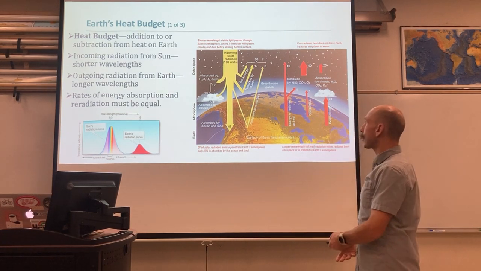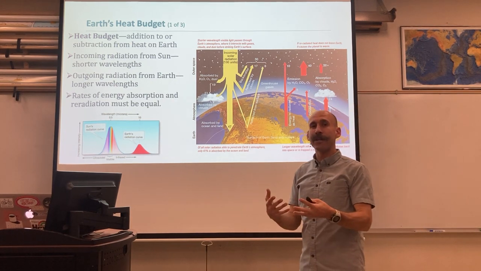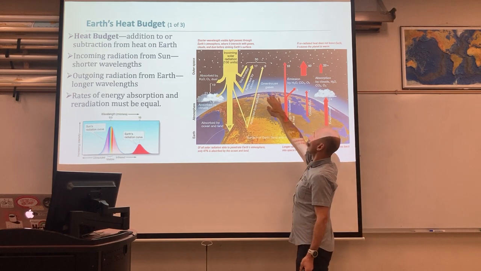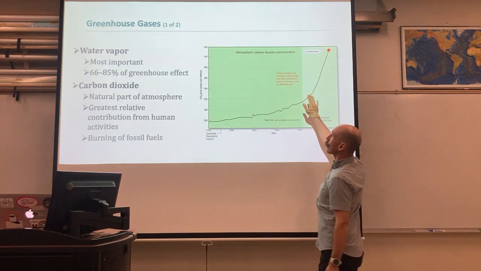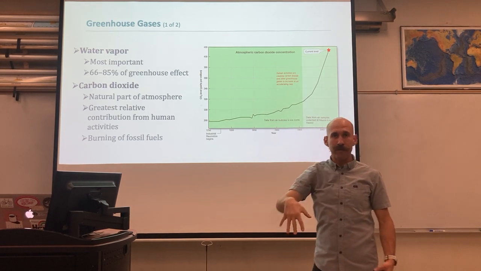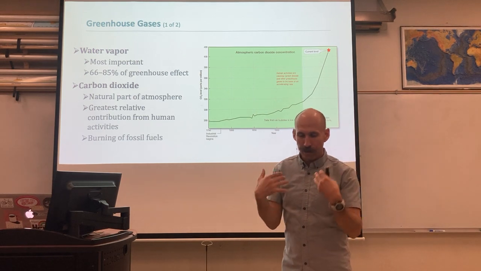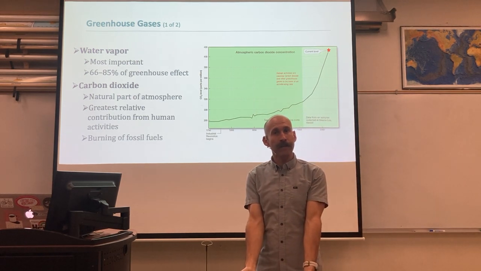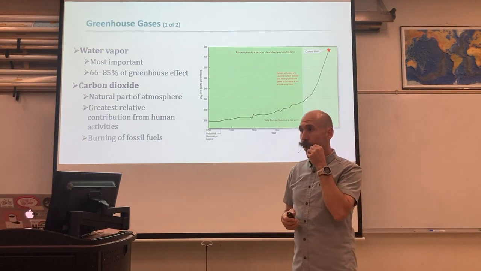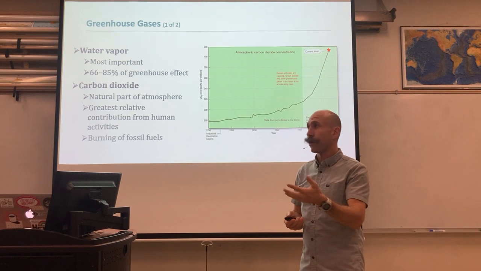Our global climate is stabilized because we have a heat budget that is regulated by the greenhouse effect. We call particles in the atmosphere responsible for trapping and re-radiating heat back to the surface greenhouse gases. Makes sense. There's the greenhouse effect, and it's supported by greenhouse gases.